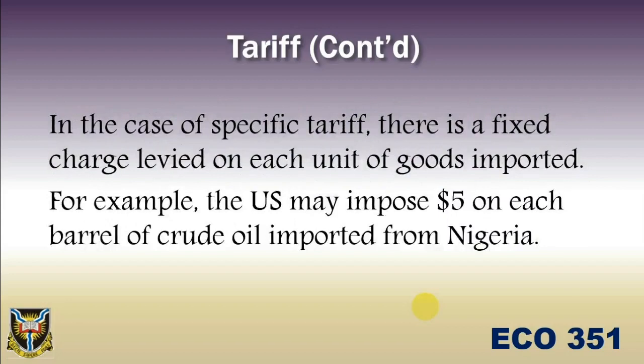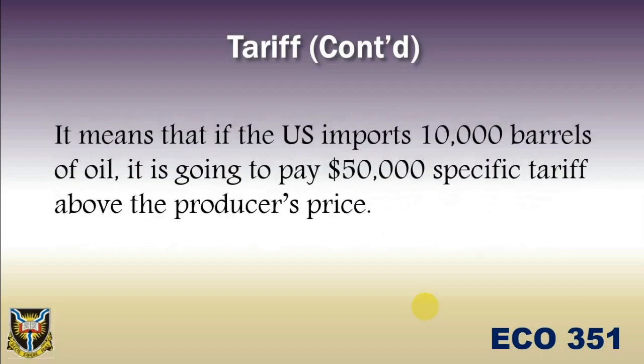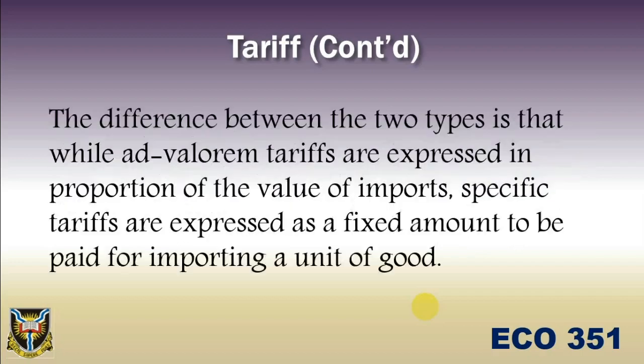In the case of specific tariff, there is a fixed charge levied on each unit of goods imported. For example, the US may impose $5 on each barrel of crude oil imported from Nigeria. It means that if the US imports 10,000 barrels of oil, it is going to pay $50,000 specific tax above the producer's price.